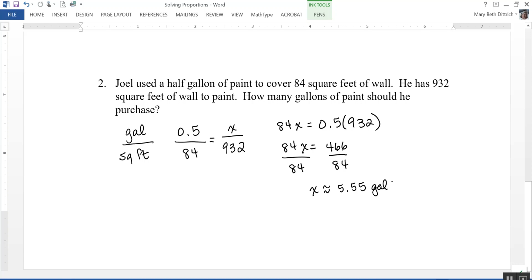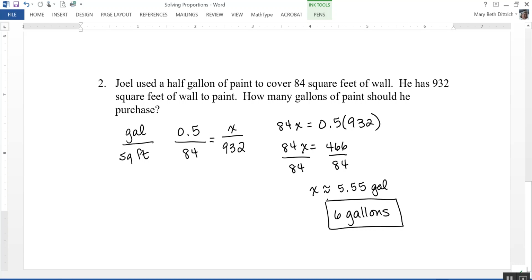But that really doesn't make a whole lot of sense, because you can't buy a fraction. Generally, you can buy a quart of paint, but you generally can't buy a fraction of a gallon of paint. So let's say that Joel is going to have to buy 6 gallons of paint to finish painting his walls.